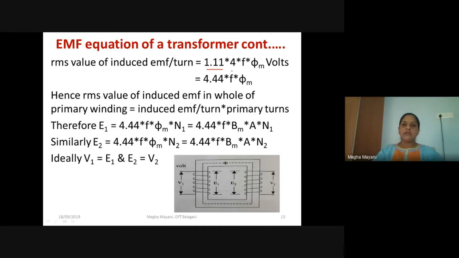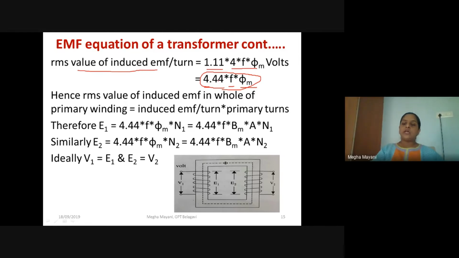So we have found the average value for the EMF is 4 f phi m volts. When you multiply 1.11 by 4, we get 4.44 constant multiplied by frequency and maximum flux. Hence, the RMS value of induced EMF per turn is 4.44 multiplied by frequency multiplied by maximum flux.